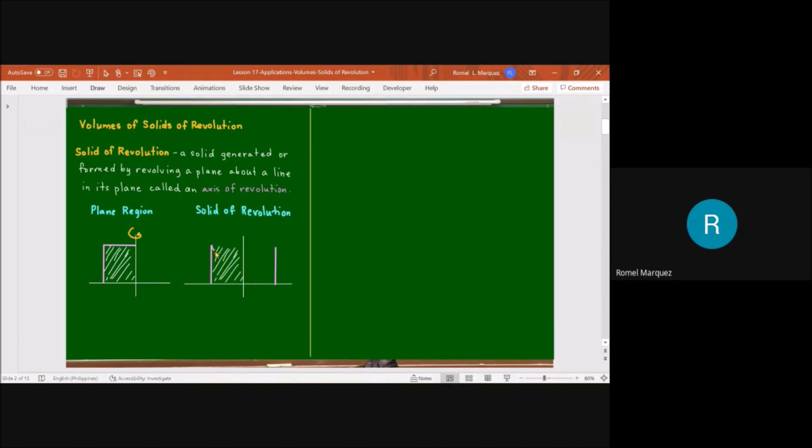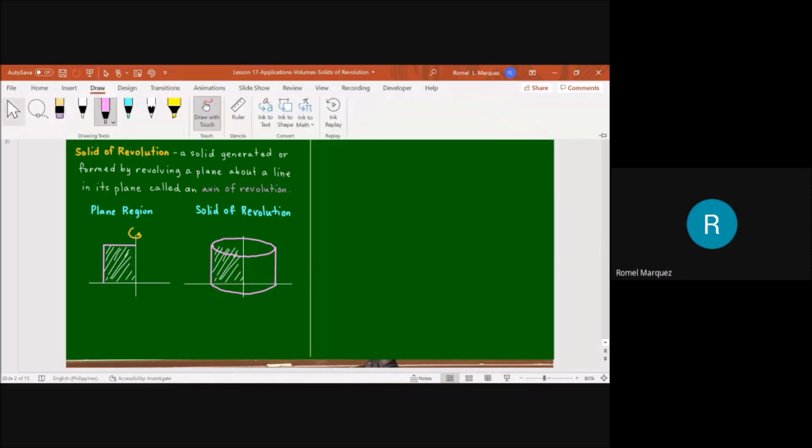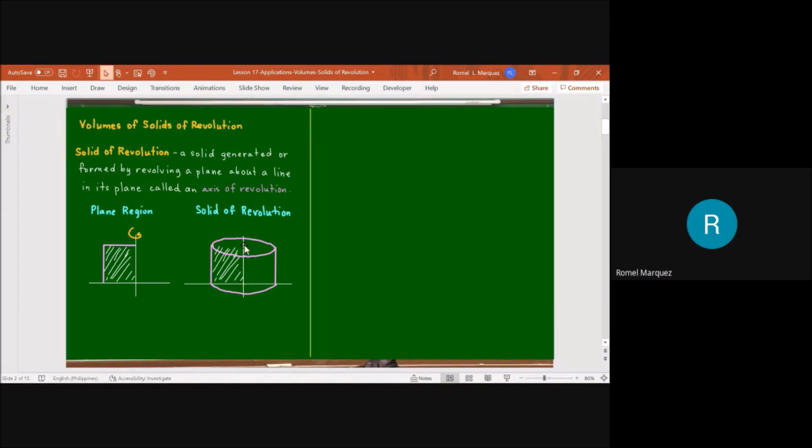Guys, a cylinder, no? In particular, a right circular cylinder. Okay, guys? Correct, guys? So, again, once you revolve this region about this vertical line, this is what you will be able to generate. A right circular cylinder. Okay?